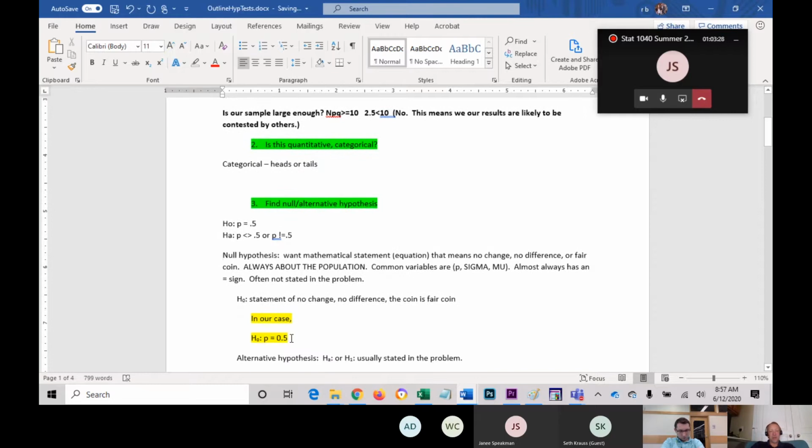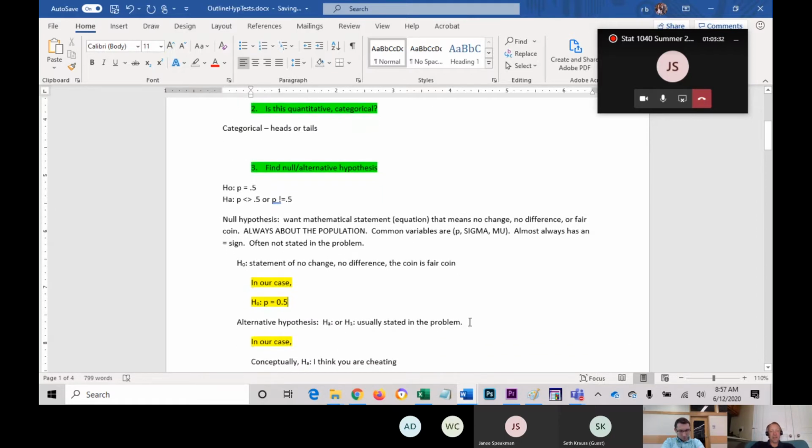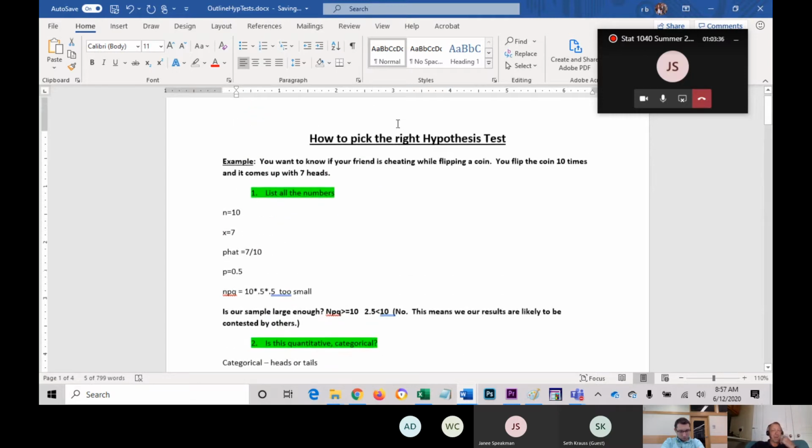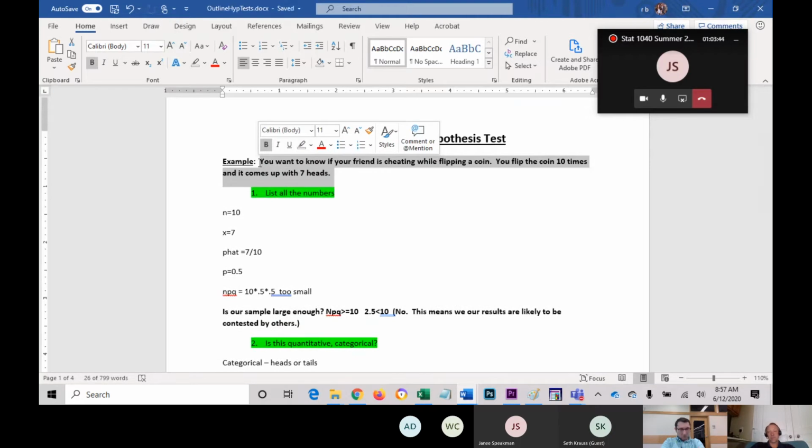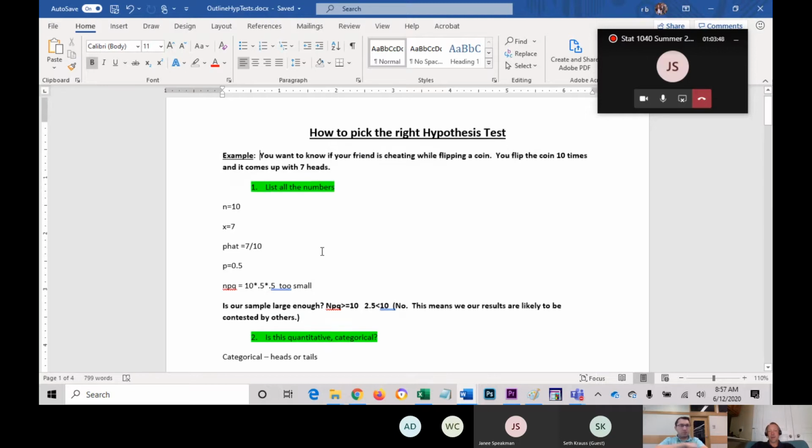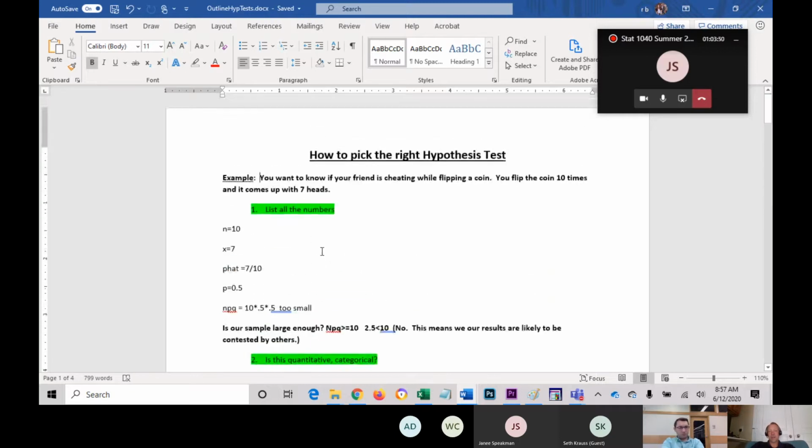So in our case, P equals 0.5. Alternative is usually stated in the problem, and in our case, it is. So let me back up a second here. 0.5 was not really stated in the problem. Do you agree with that? So that's another reason why that makes the null hypothesis hard, because it's not directly stated. You just know that you have to assume that you're using a fair coin.